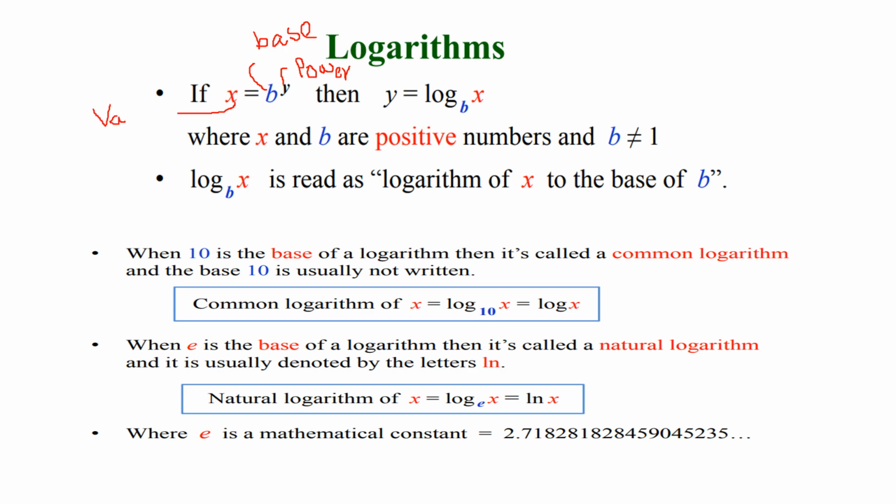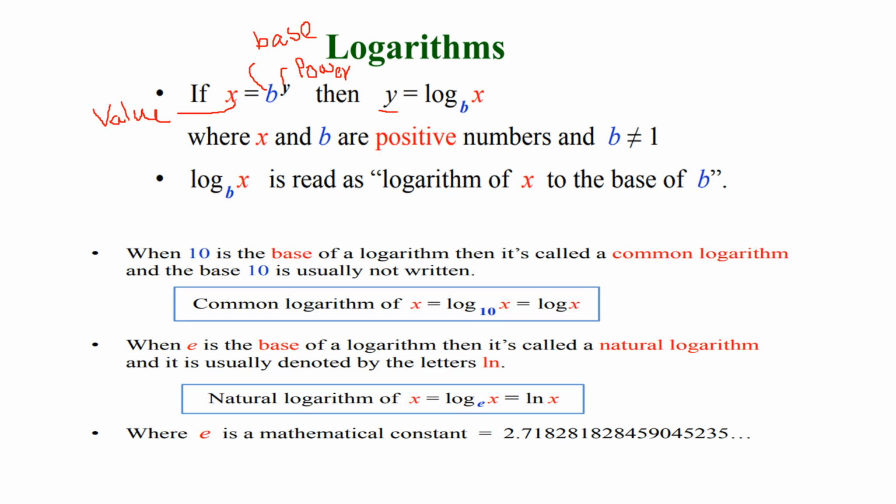For the exponent function, we have a value, so x is the value. For this exponent function, the power can be expressed in terms of log. That is y equals log of x to the base b. So the power is nothing but the logarithm of the value x with the base b.